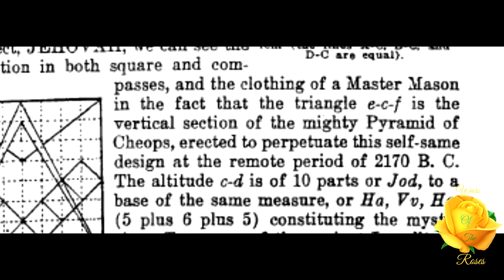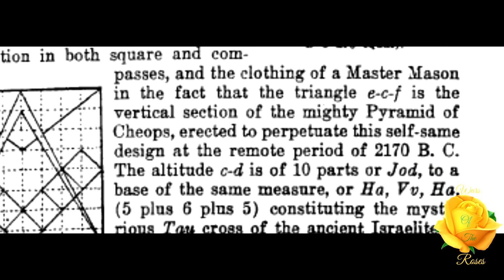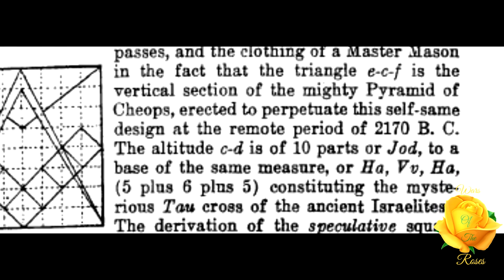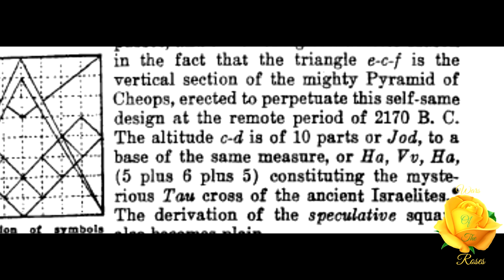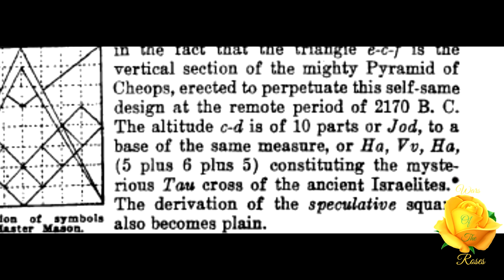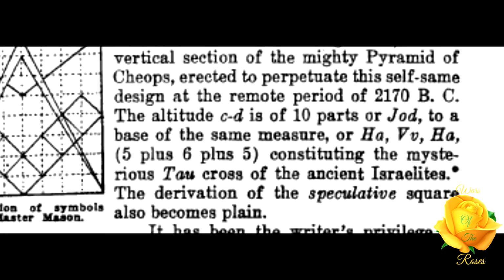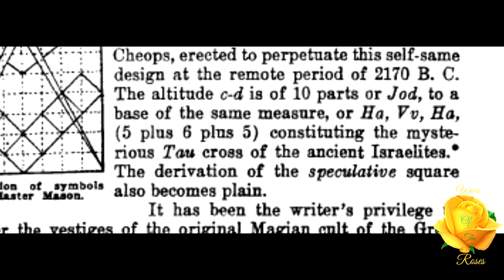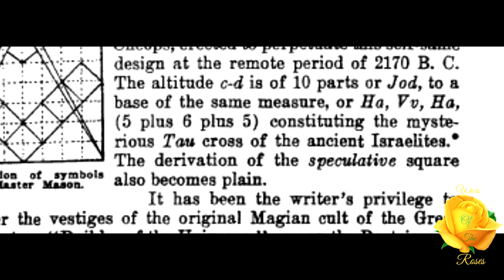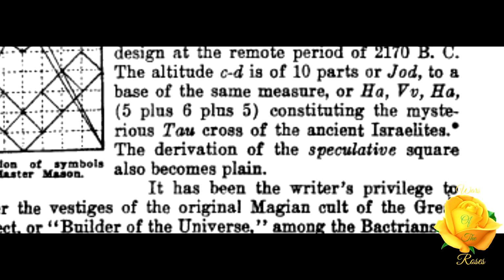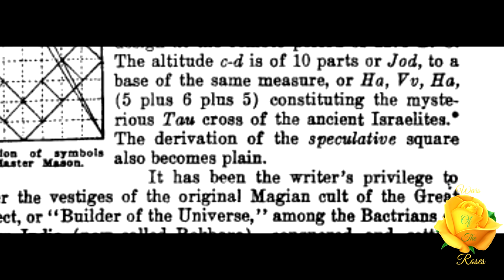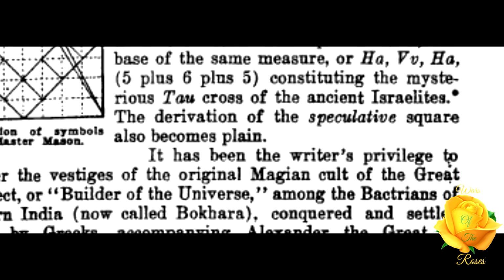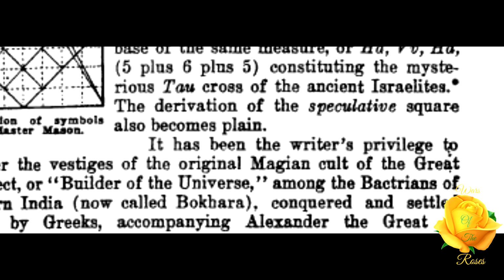In fact, the triangle ECF is the vertical section of the mighty pyramid of Cheops, erected to perpetuate this self-same design at the remote period of 2170 BC. The altitude, CD, is of 10 parts or jod to a base of the same measure, or ha-va-ha, 5 plus 6 plus 5, constituting the mysterious Tau cross of the ancient Israelites.